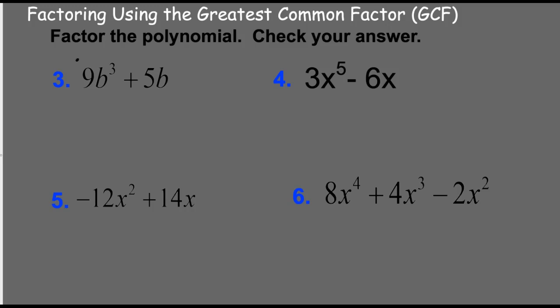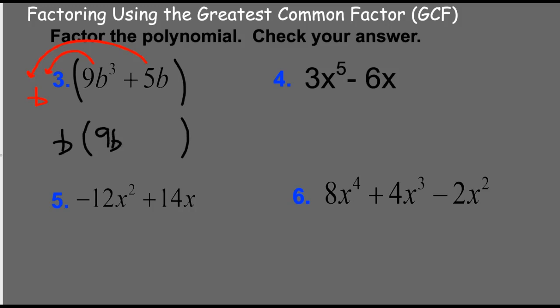So think of this as in parentheses, and think of a common factor between 9b cubed and 5b that we can factor out. The common factor between 9 and 5 is just 1, so that's not really doing much for us, but they do both have a factor of b. So if I factor b out of each term, or I undistribute, it's like the distributive property backwards, what would I have to multiply b by to get back to 9b cubed?